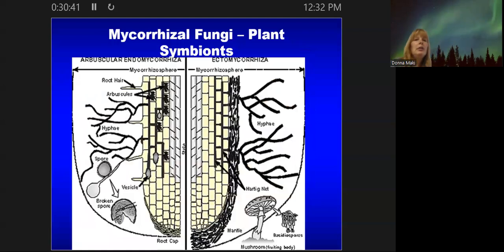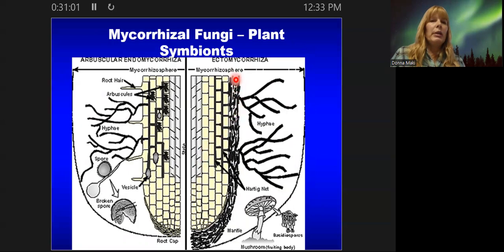Okay, so the first group of mycorrhizal fungi that were capable of being more easily studied were the ectomycorrhizae because of their growing habits. So I'm going to talk about them first, but here in this visual, you can see a comparison. All of this black stuff that the artist drew, that's the fungal hyphae growing on the surface of the root.